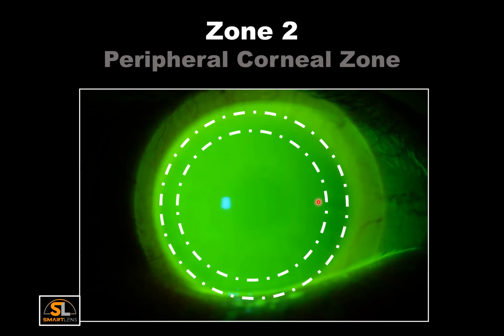We want zone 2 to vault through the corneal tissue to create a healthy relationship between the back surface of the lens and the eye surface. We want no corneal bearing through zone 2 or zone 1.